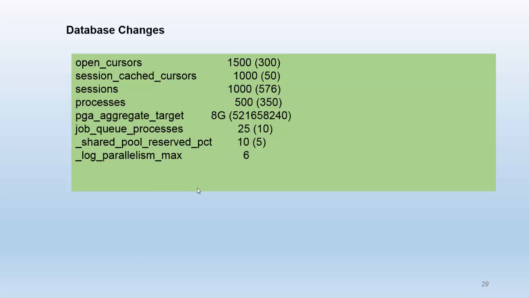Another one is log parallelism set to max, and this is contrary to belief, but I have referred to an Oracle note. What it does is, by having log parallelism, it will create multiple public strands, and that helps create multiple redo allocation latches. When multiple allocation latches with multiple strands are created, it really uses all your files, and that's how I reduced it from 4G to 1 GB, because now six of them are going to write at one time in one file.